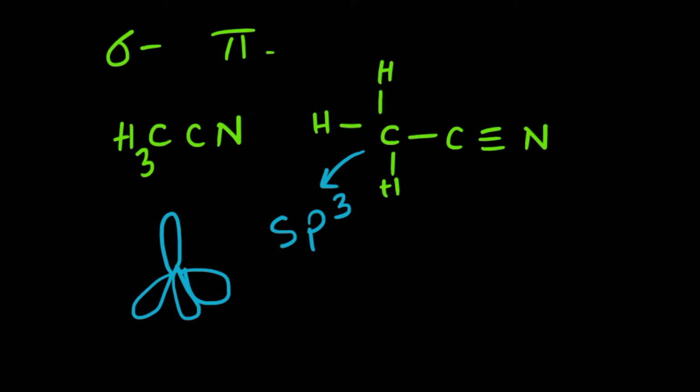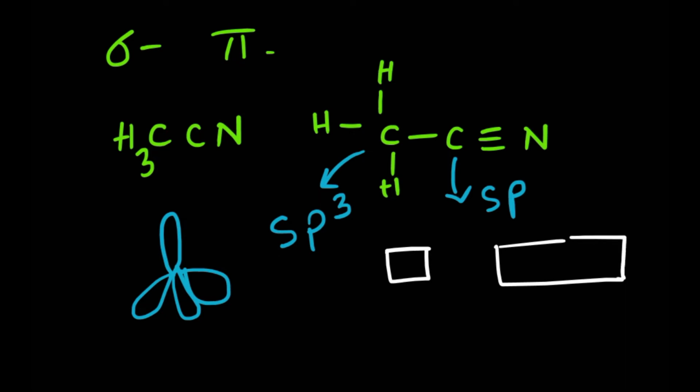Now the second carbon is sp hybridized. How is that possible? We are only going to look at the carbon atom hybridization. In the electronic configuration, carbon has 4 electrons in the valence shell, as its atomic number is 6. The valence electrons in the excited state will look like this.